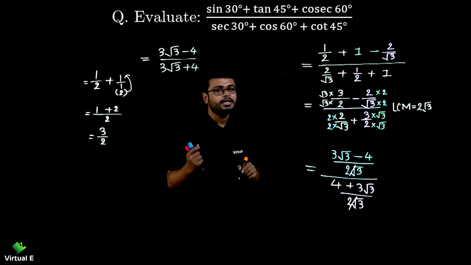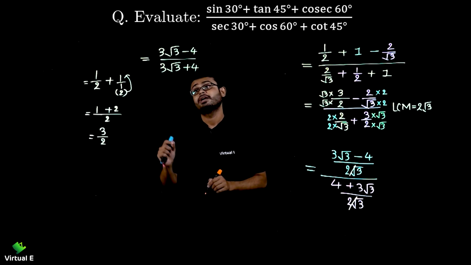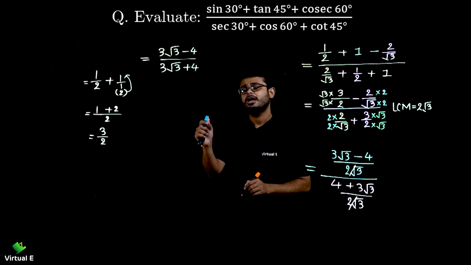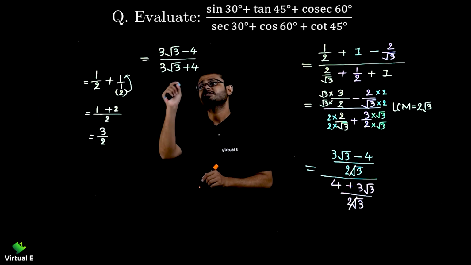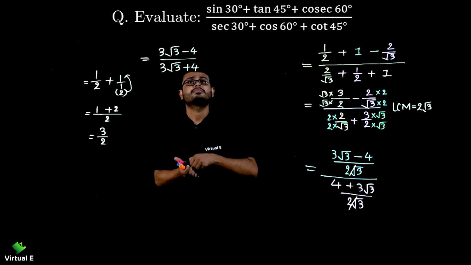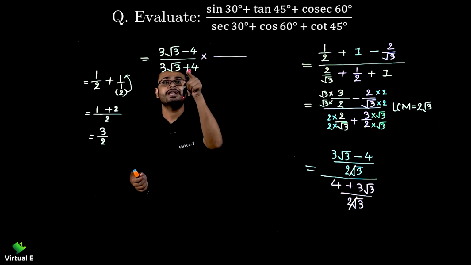Now you must be thinking we cannot simplify further from this point, but you need to simplify. We need to remove the square root from the denominator. We learned this in grade 9, how to remove the square root of any number from the denominator. So we are going to multiply with, can you guess what? We will be taking the negative.